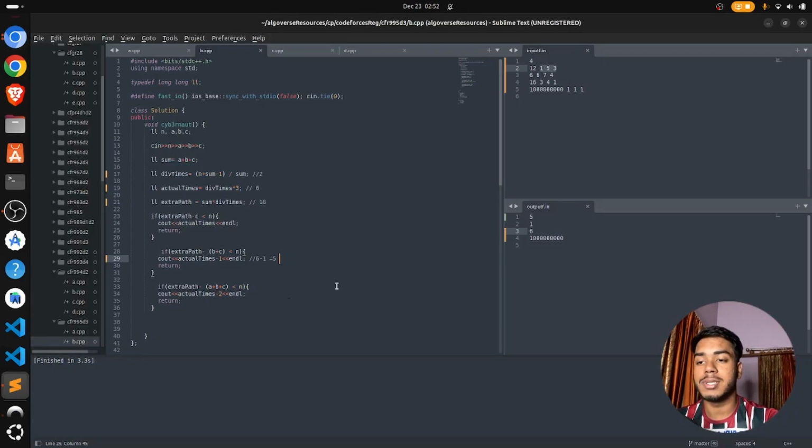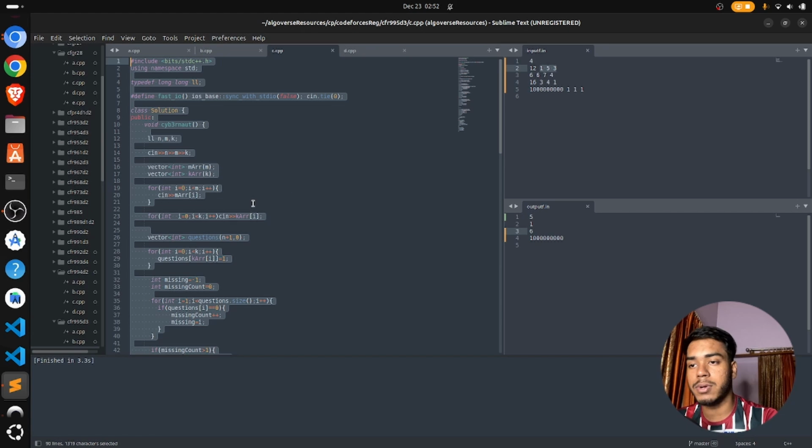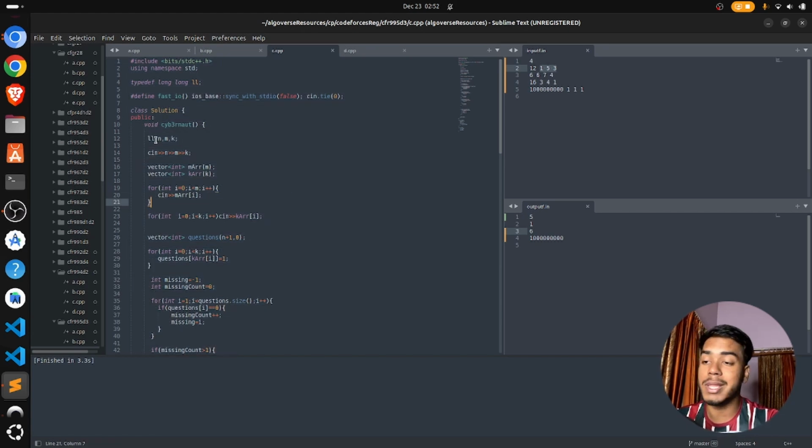So this is the code I will show. The code is simple, and you can solve it with an extra array also. At first you take input of all the n, m, k, then you declare two arrays for inputting the m array and the k array.